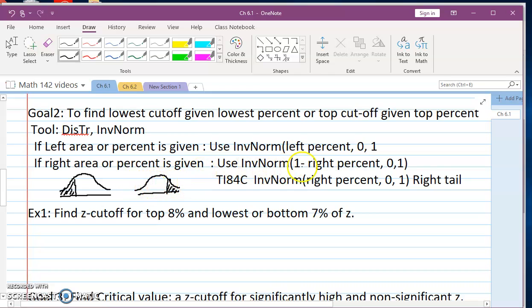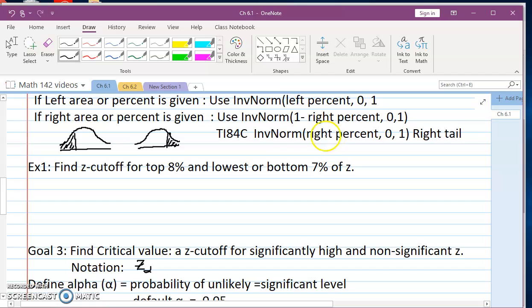So you would do inverse normal 1 minus right percent, 0, 1. And for the TI-84, they implemented a tail in the command where you can just give the right percentage and do right tail. So for left percent, you just give left percent. If you have right percent, you do 1 minus right percent. So that's the idea.